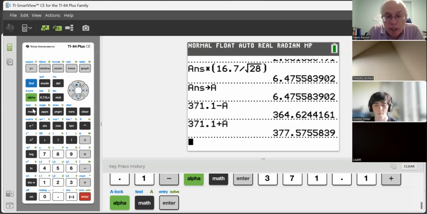Whatever it was, is between 364, let's say I'll ask you to round it to 1 decimal point, so 364.6 minutes and 377.6 minutes. You could say something like that. All right, so that would be an interpretation of the confidence interval.